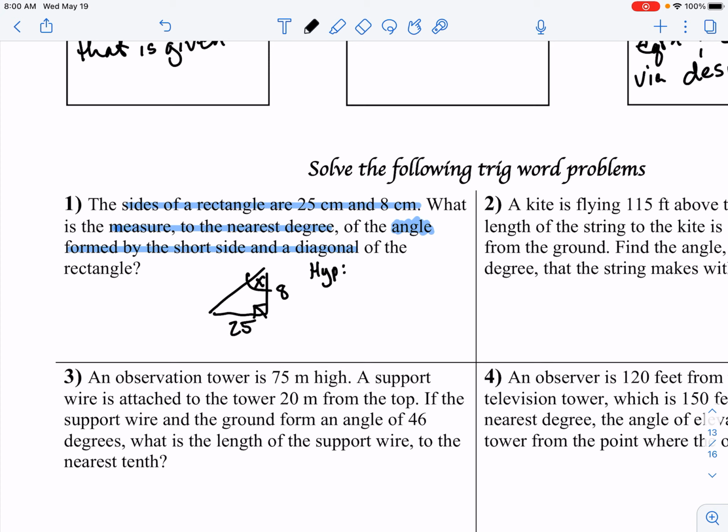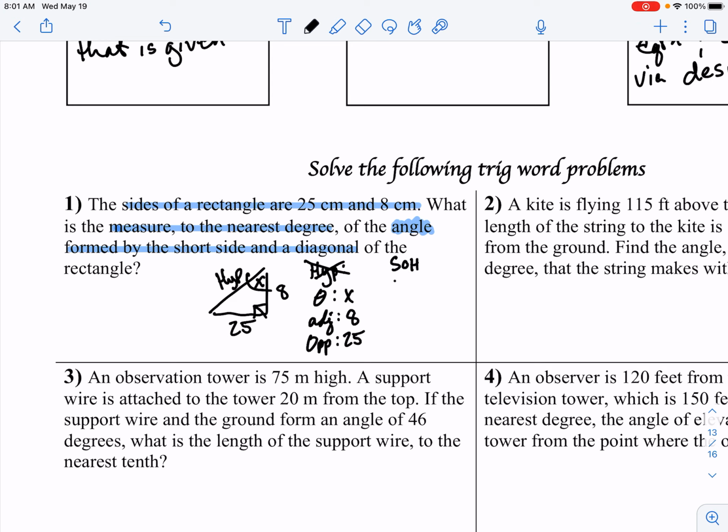Hypotenuse, always across. I don't know it, don't have any information about it. Then find theta, or what I'm solving for, which is x. Remember, when I trap x with this arc, it always hits the adjacent side, forcing the remaining side to be my opposite, which happens to be 25 in this example.